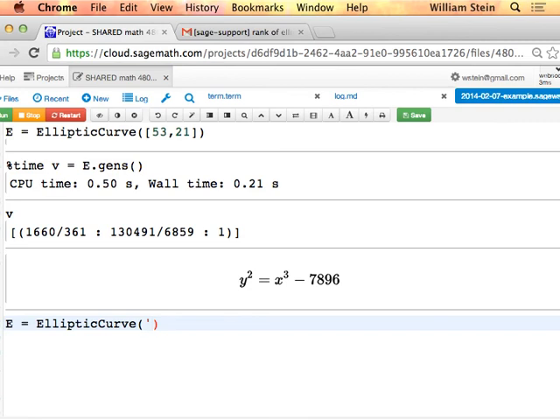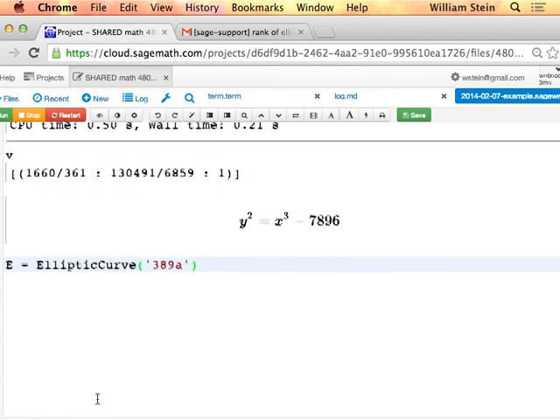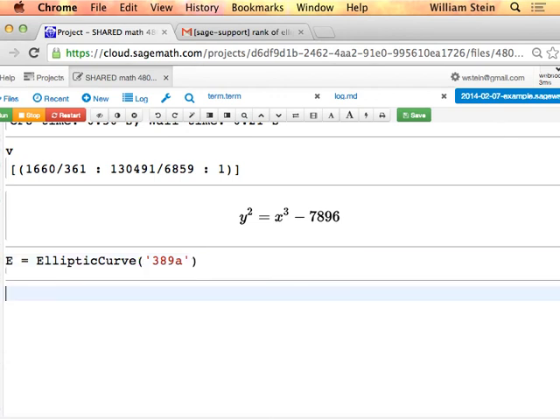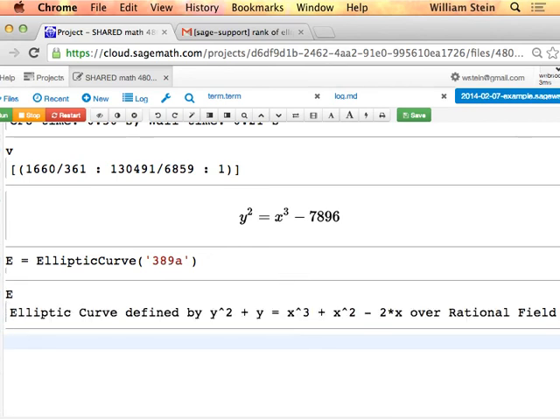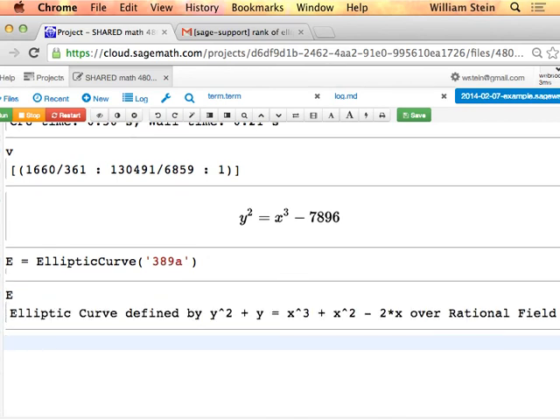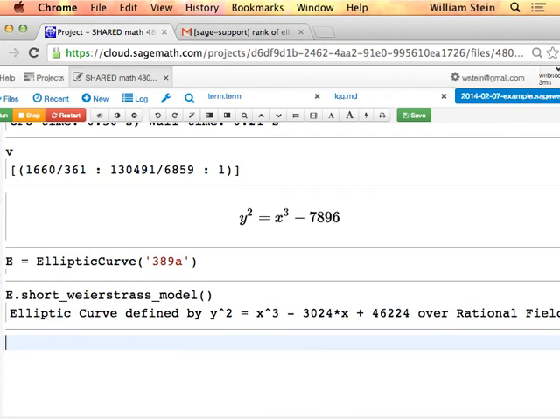There's another way to give curves by a name. Here's my favorite curve, 389A, which, if you ever see my car, the license plate is Sage 389, and that's because of this curve. Here's what it looks like. I know that's not y squared equals a cubic, but you can do the following: E dot short Weierstrass model, and that'll give you back, all that does is complete the square and so on.